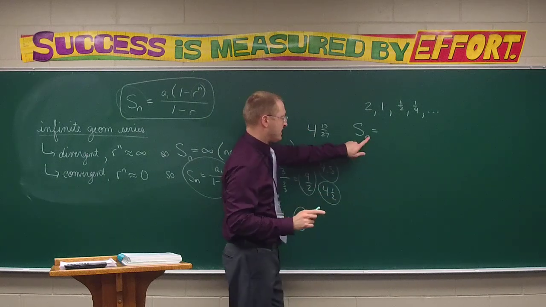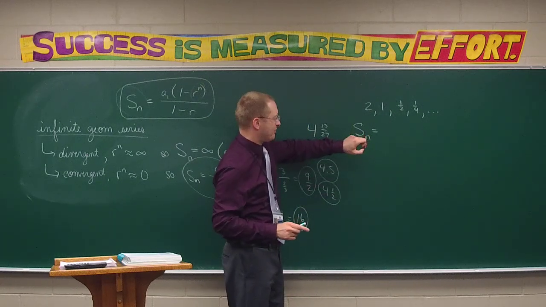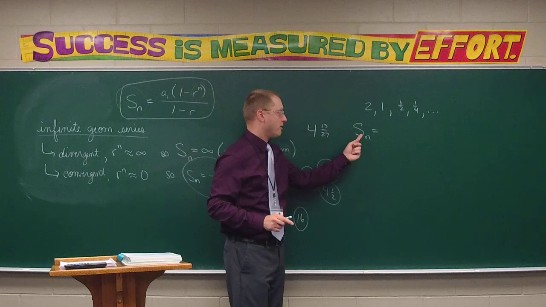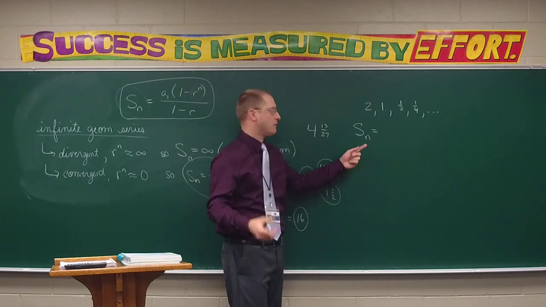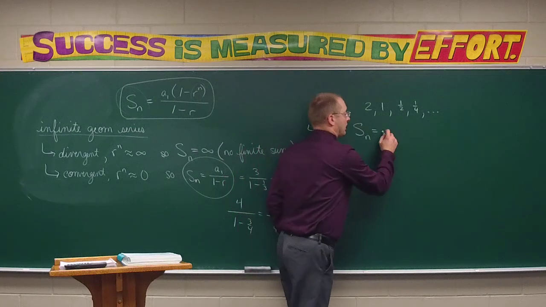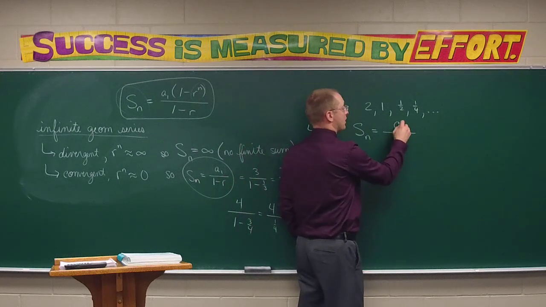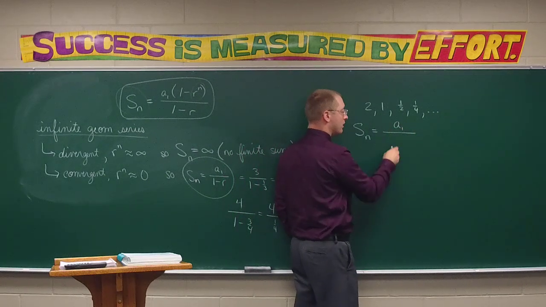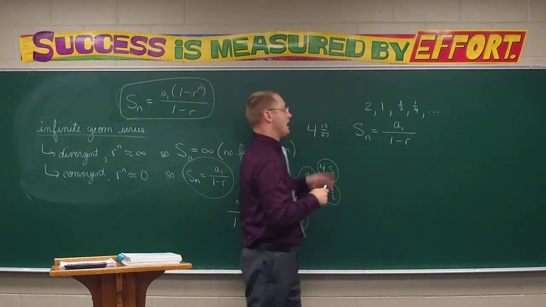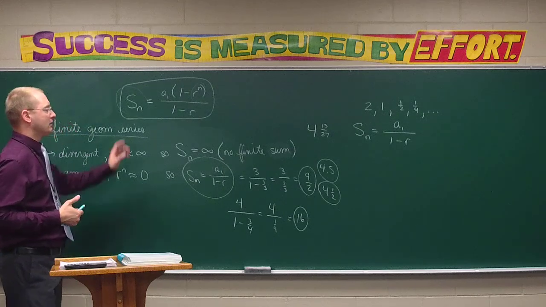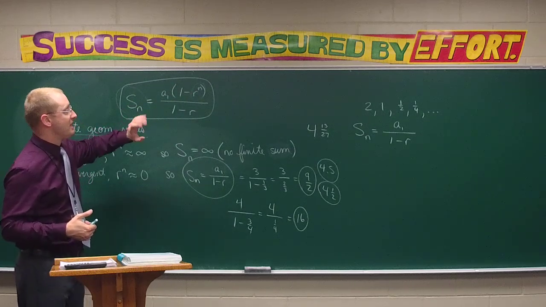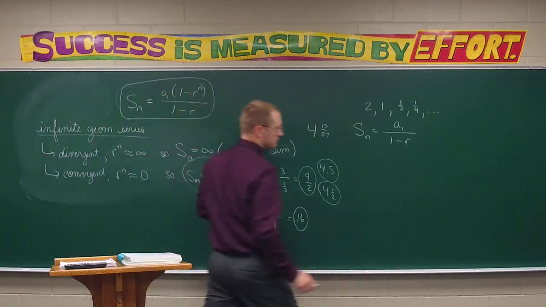Not the sum of the first 7 or the sum of the first 12, but literally the sum of all of them, which is what n could mean, just all of them collectively. Well, for this we need the formula, class. a sub 1 over 1 minus r. Again, S sub n equals a sub 1 over 1 minus r. Just taking this little piece out from the finite series.